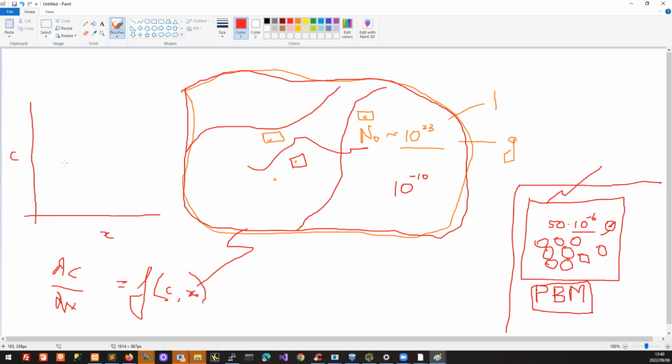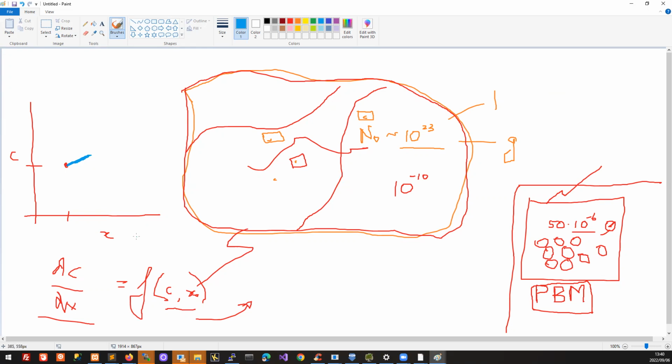Then if we imagine starting at some point here, that defines a starting concentration and a starting x value. So we simply stick those numbers in here, and then this function will give us a number, and this number is of course equal to dc/dx. So that is telling us how the concentration is changing near this point. It's telling us the gradient of c with respect to x looks like this.